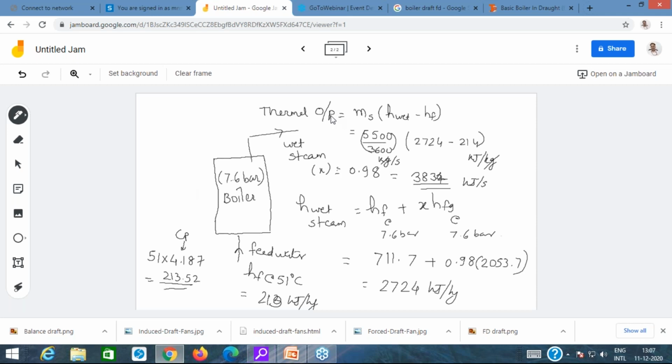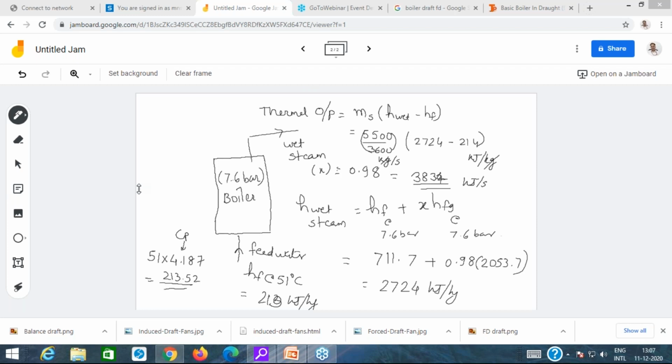Sharwari? How do you find the input to the boiler? Chaitali? The input to the boiler is found as fuel consumption rate into the calorific value.